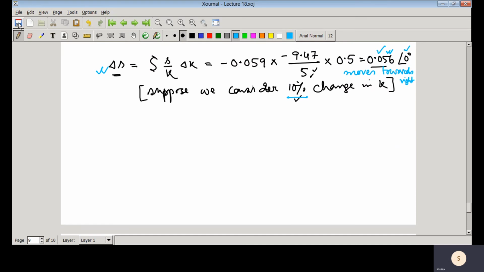So the last topic in root locus is root locus for positive feedback system. So far we have discussed root locus for the negative feedback structure.